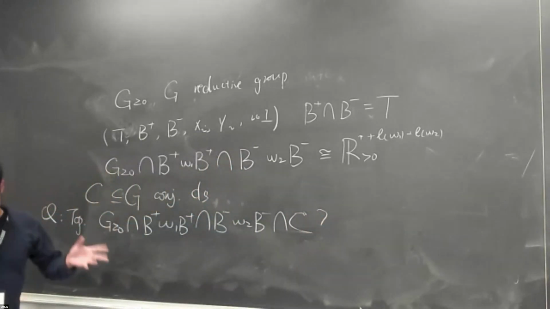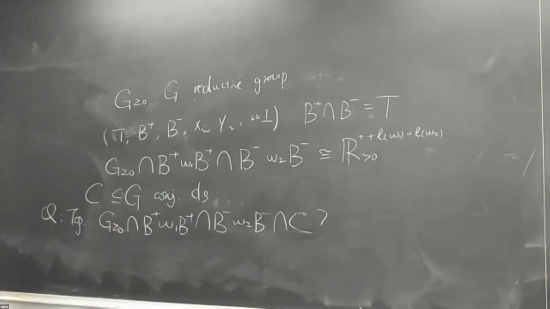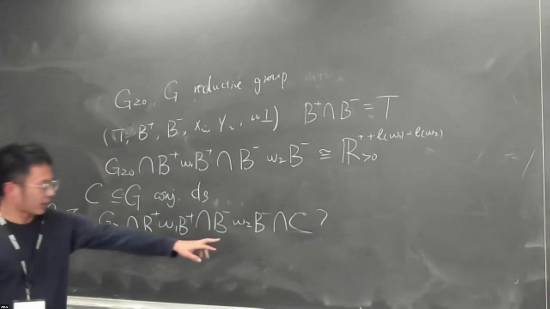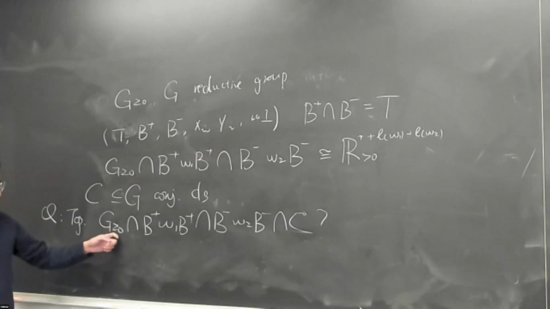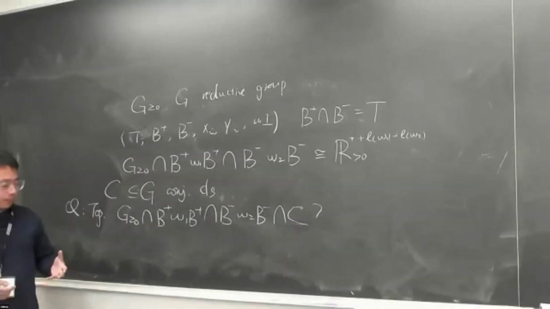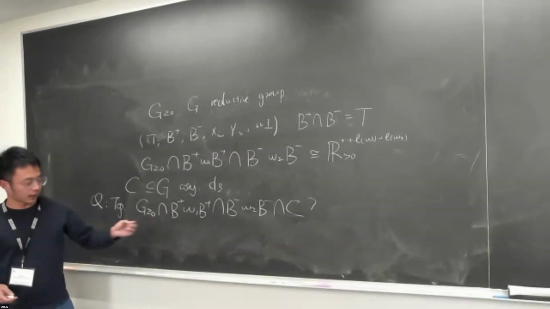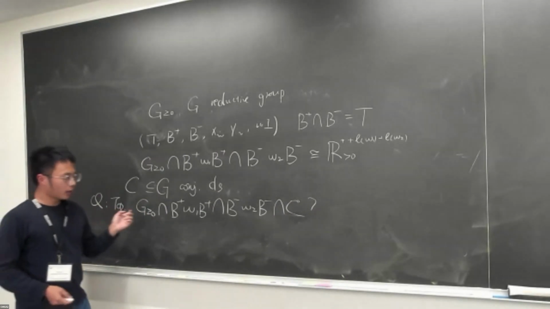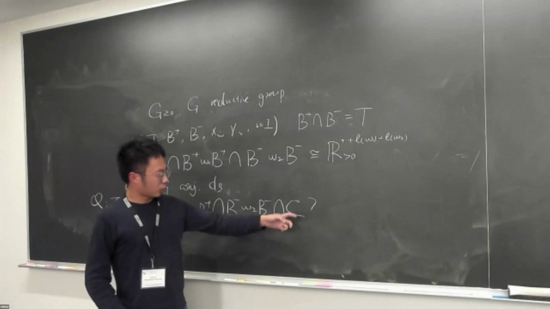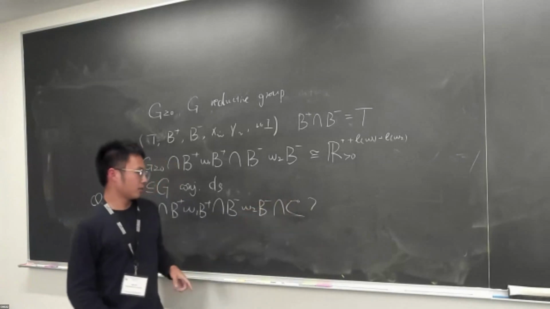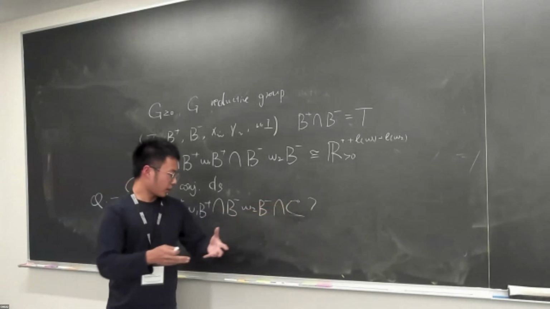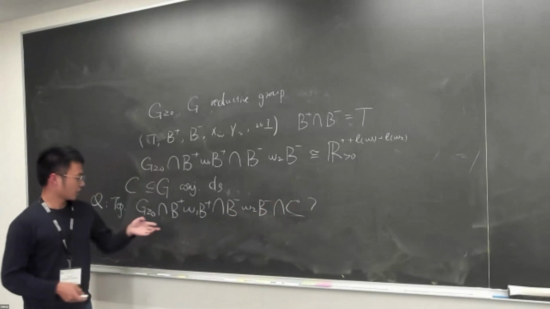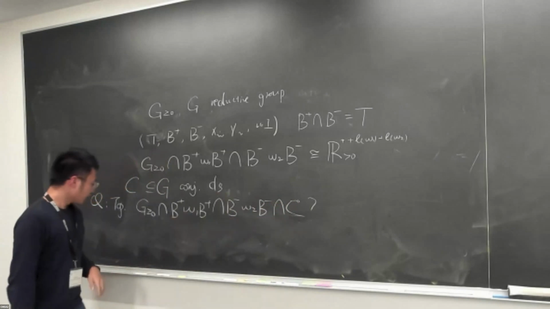It seems like a random question that you would never be interested in. What's more, G non-negative is just a monoid, so you cannot take the inverse of an element; it will go outside of G non-negative. But to consider this, you need to take the conjugacy action, which needs to take the inverse of an element.